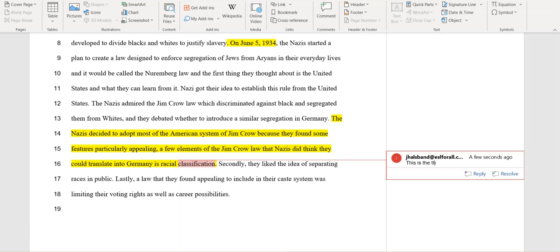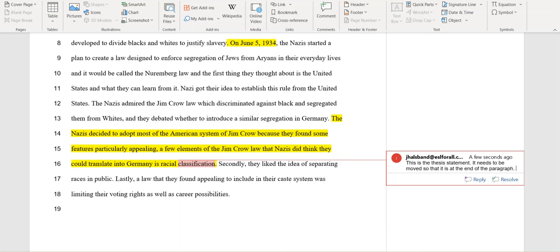This is the thesis statement. Needs to be moved so that it is at the end of the paragraph. That's just a little note to myself.